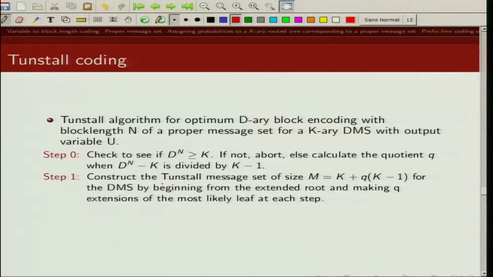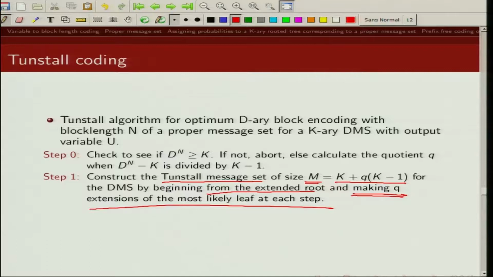Next, we construct a Tunstall message set of size M, where M is given by K plus q times K minus 1, and we start with the extended root and we will make extensions of the most likely leaf at each step.